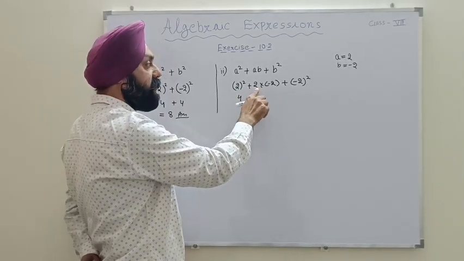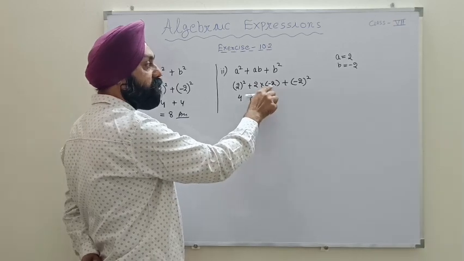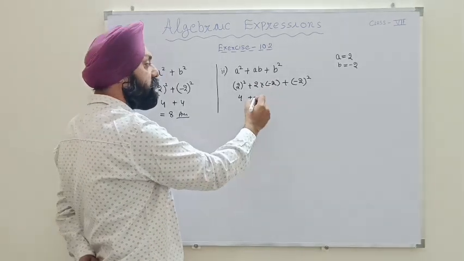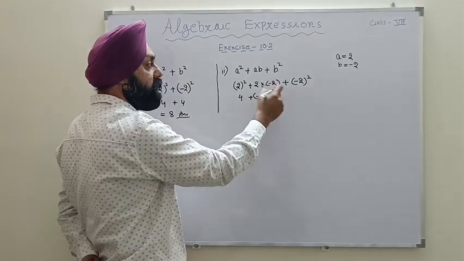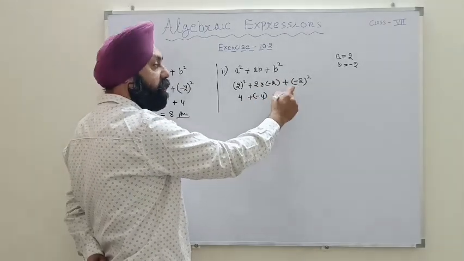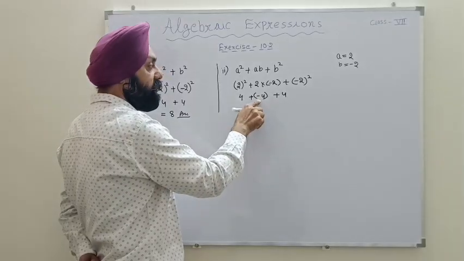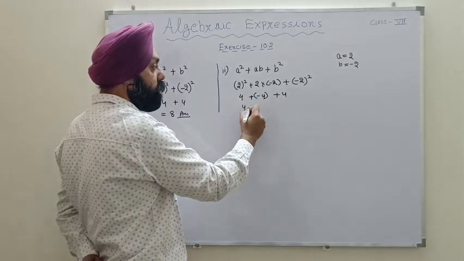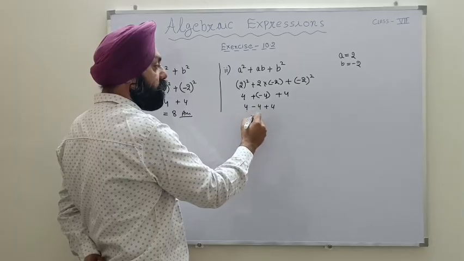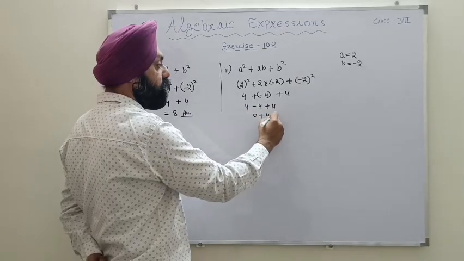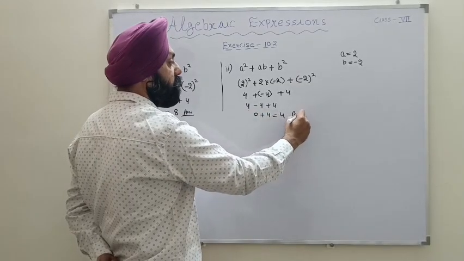When we multiply 2 into 2 we get 4, but because there is one minus, and 1 is odd, the answer will be minus 4. We can put it in brackets because we have a plus sign outside. Again plus minus 2 square will give positive 4. Now we will open this bracket in the next step. So it is 4 minus 4 plus 4. So 4 minus 4 gives 0, and plus 4 gives 4 as the answer.